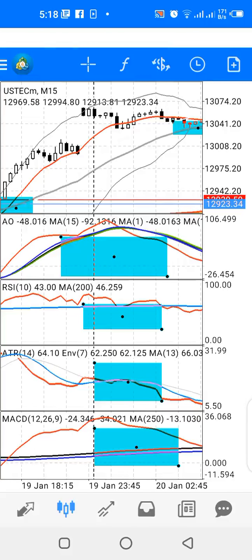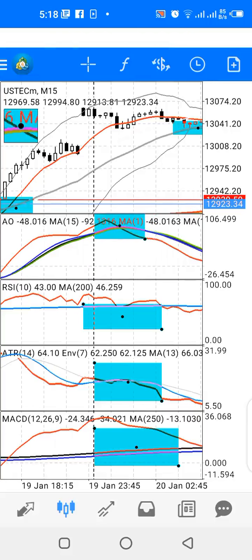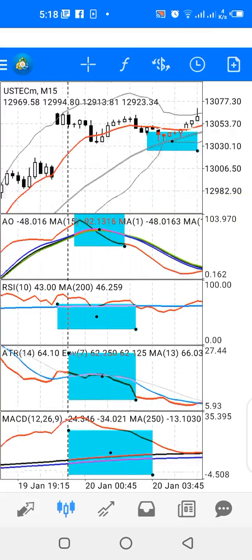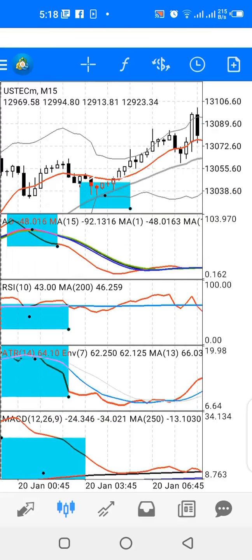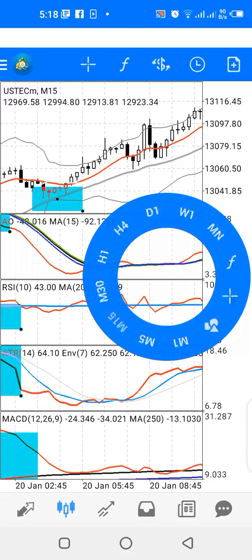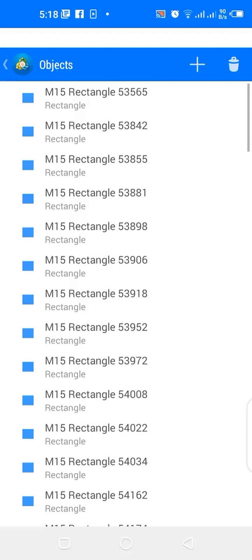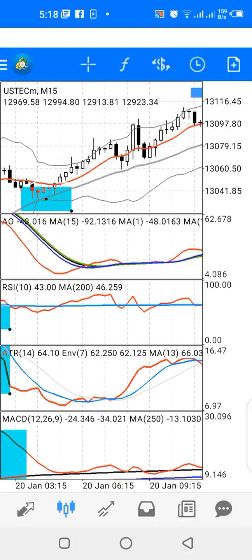So let's go to the chart to use the indicators. When the red line crosses down below the green, blue, black lines, you have your sell signal. When it crosses up above it, you have your buy signal.